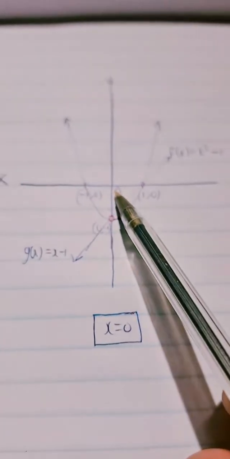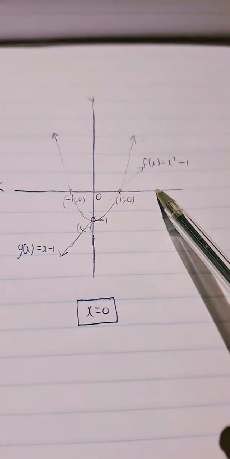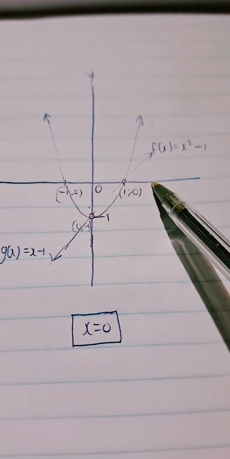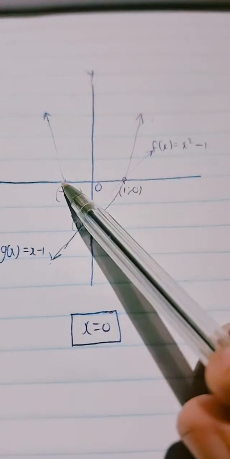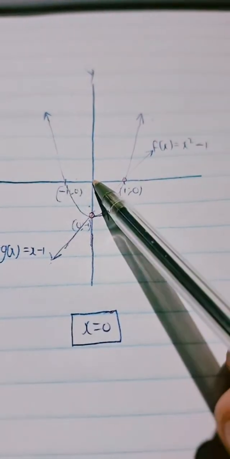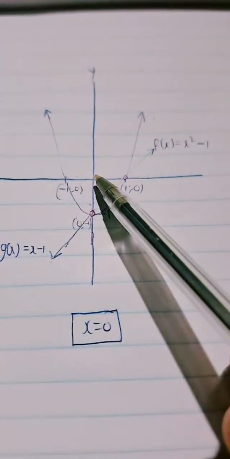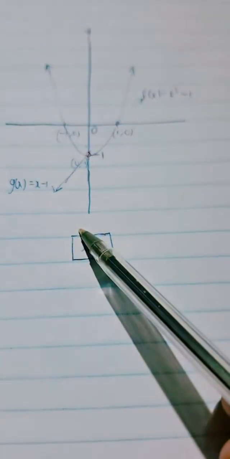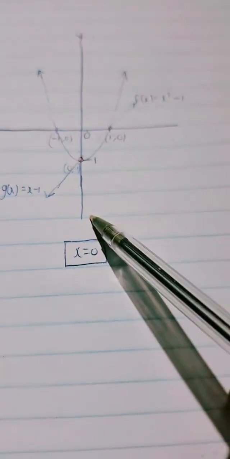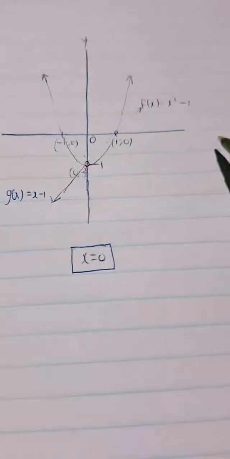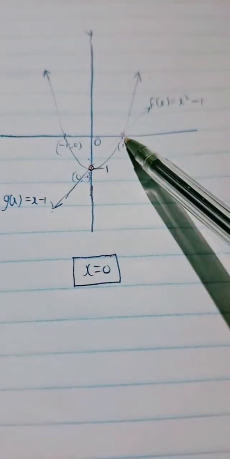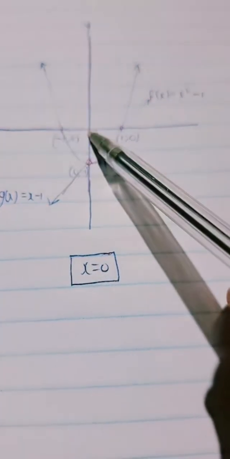Which is why if you come here to the x-axis, you actually find that on the same horizontal line, your x value on the left, the distance from here to there is the same distance from here to there. Because remember, if this is a symmetrical line, then it means this is the midpoint of your function for every horizontal line that you get. So for this horizontal line, you can see that the distance from here to there is the same.